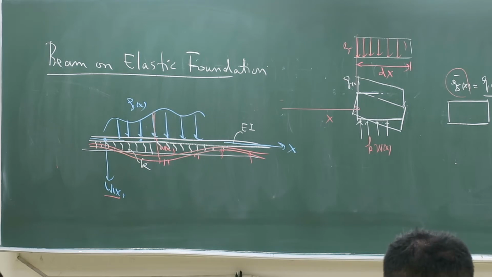So the governing equation will be EI w fourth derivative equal to q bar equal to q(x) minus Kw. So this is net, right? And net is from q(x) and the reaction. So this is the governing equation for a beam with external loading q bar. But q bar is similar to a q with the reaction force.